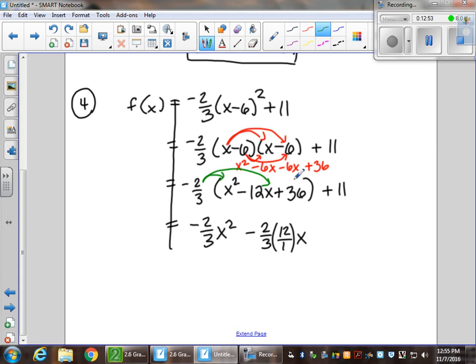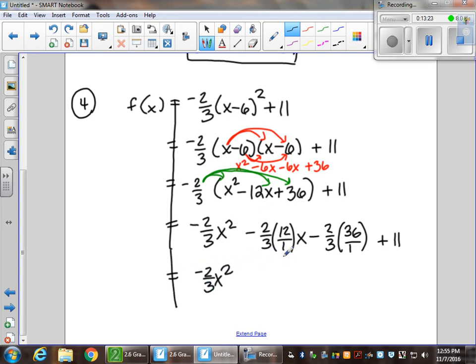And same thing for this next term, I'm going to write it out: negative 2/3 times a positive 36. I'm giving my brain something to work with, something to see. So negative 2/3 x squared will stay.